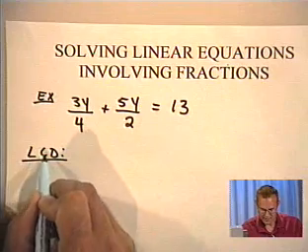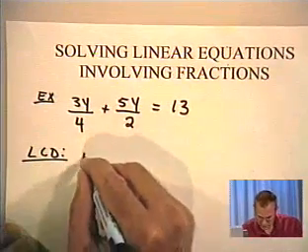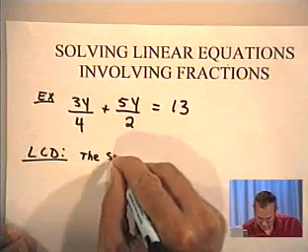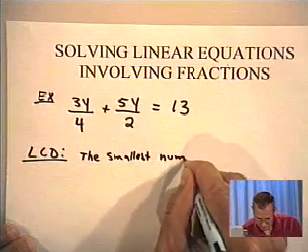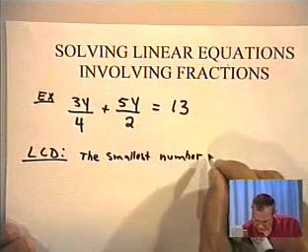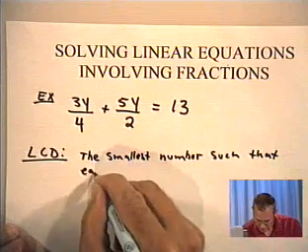the least common denominator. What is a least common denominator? Well, it is the smallest number such that each denominator goes into it.